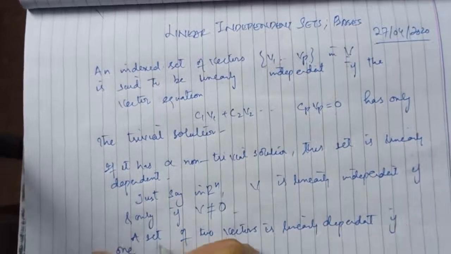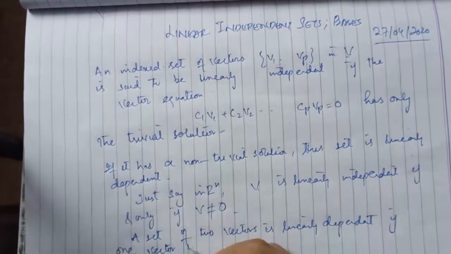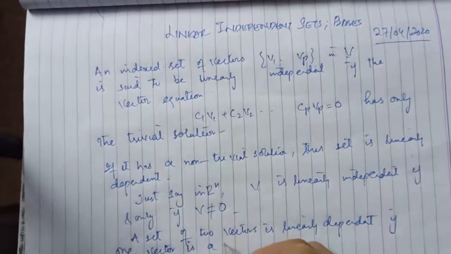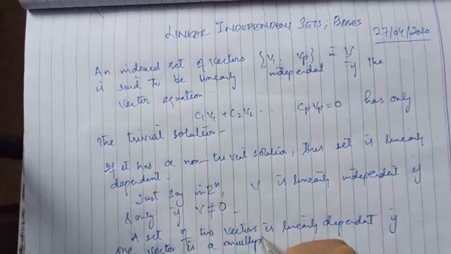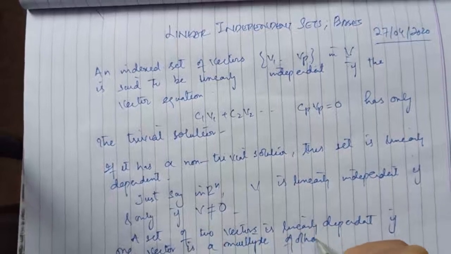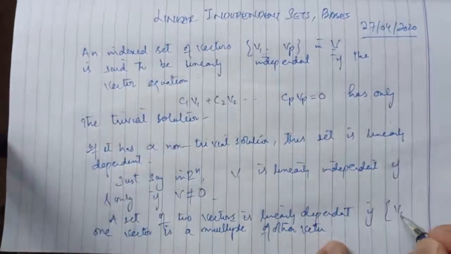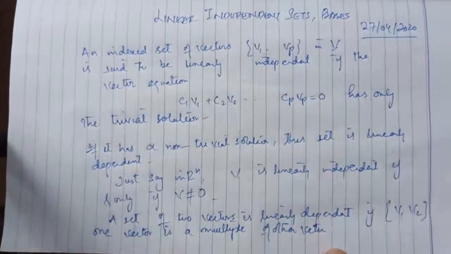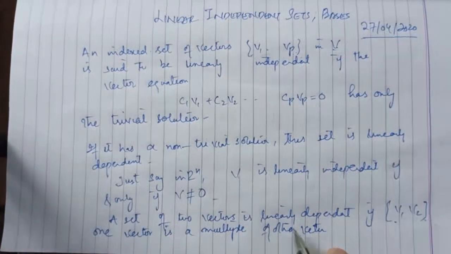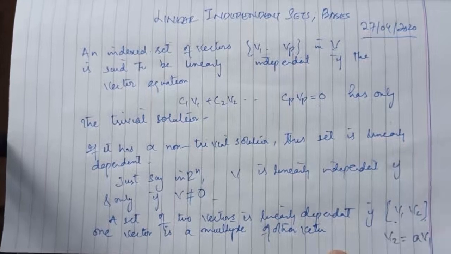So if one vector is actually a multiple of the other vector, for example, let's say v1 and v2. If these are two vectors, they are linearly dependent if you can write v2 equals, say, a times v1.